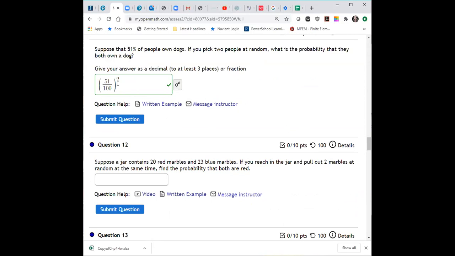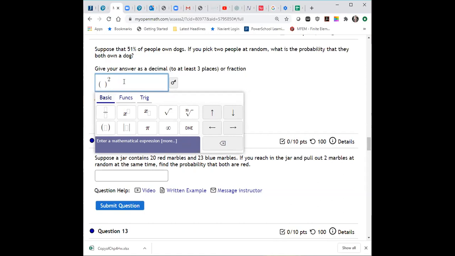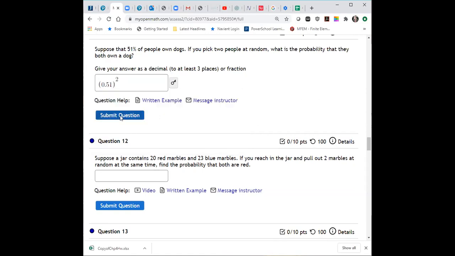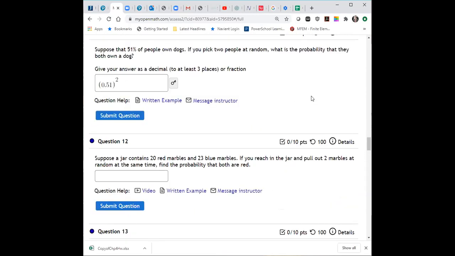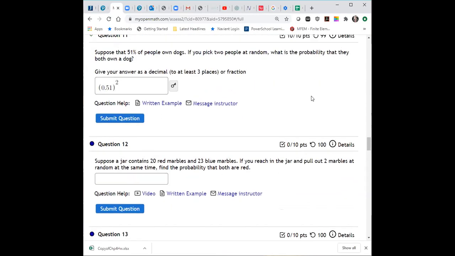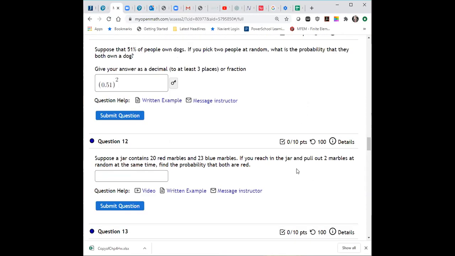If you want to put it as a decimal, you can just replace the one in the middle with 0.81. Let's try to submit it again. Yeah, you also got the correct answer. Any questions so far? If not, let me continue with the next one.